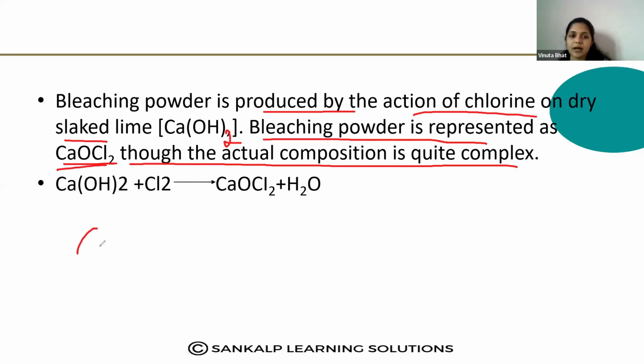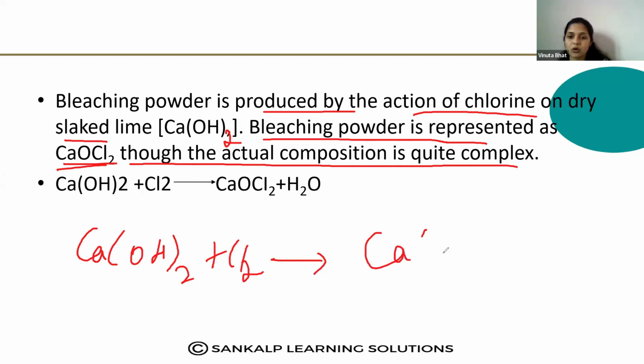When calcium hydroxide is treated with chlorine, Cl2 gas, it forms the bleaching powder, calcium oxychloride, CaOCl2, plus water. So this is a very important reaction. Explain the manufacturing is also asked, and the chemical reaction is also very important.